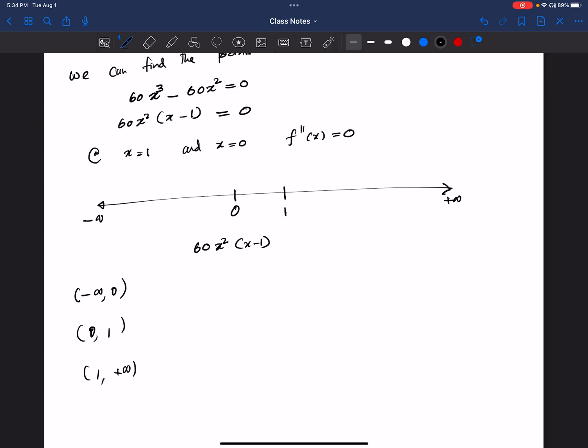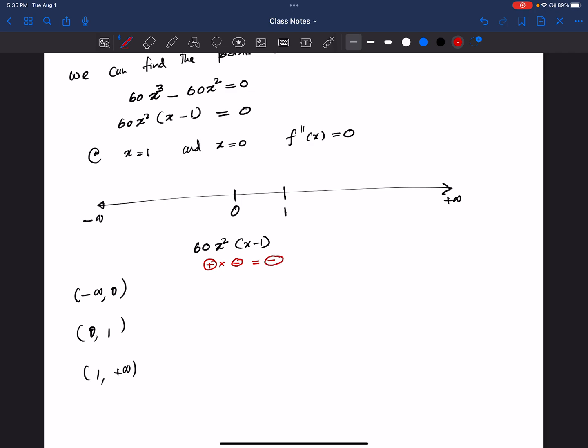So if you put any number less than 0, let's put negative 1. When you put negative 1, this term is positive. But this term, negative 1 minus 1 is negative 2. So you have positive times negative, which is actually negative, right?